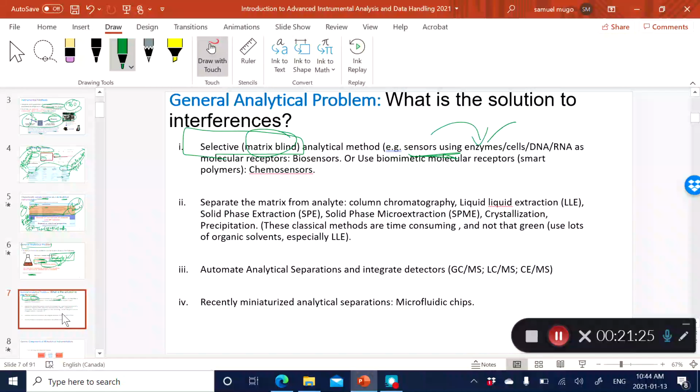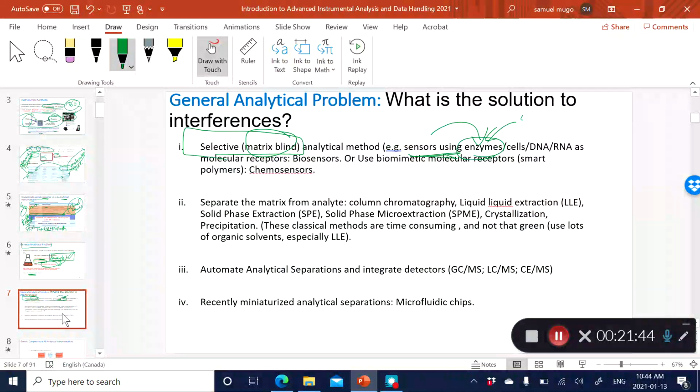In most cases, the go-to would be biological materials, such as enzymes. We know that they work fairly well in terms of their selectivity. They are very, very selective for certain types of analytes.